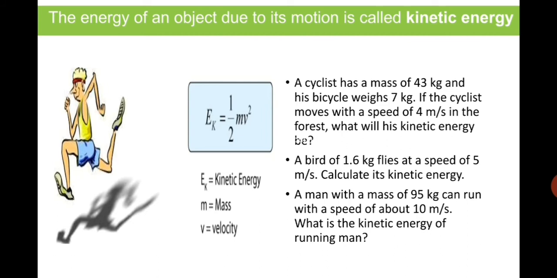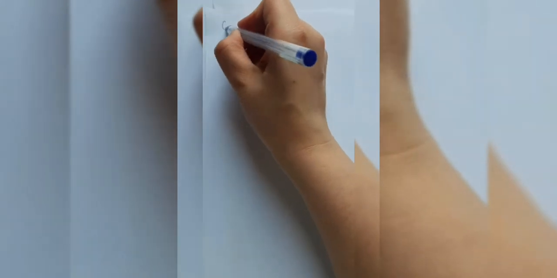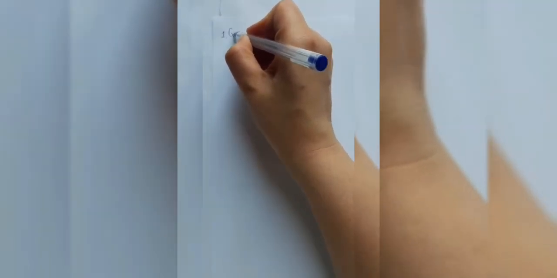Its formula is kinetic energy is equal to mass times velocity squared divided 2. Kinetic energy is measured in joules. Mass is measured in kilogram. Velocity is measured meter divided second.